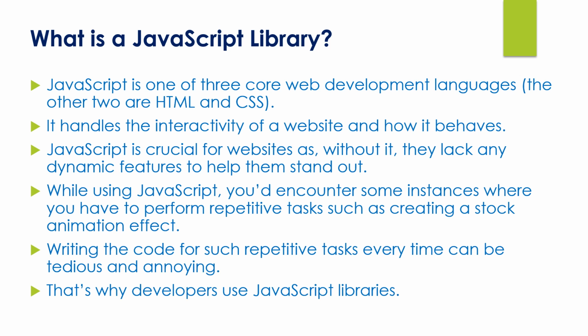While using JavaScript, you would encounter instances where you have to perform repetitive tasks, such as creating a slide animation effect. Writing the code for repetitive tasks every time can be tedious and annoying. That's why developers use JavaScript libraries.